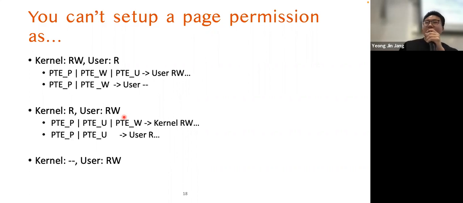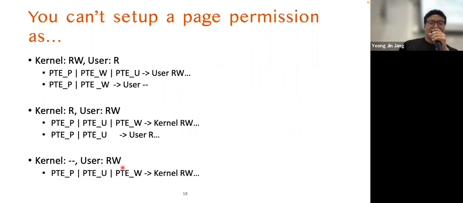And then the last one would be, can we make the memory inaccessible to the kernel, but the user can access the memory? That's not possible, because to allow the user to have read-write access, we need to enable all the flags, and that will naturally enable kernel read-write access.